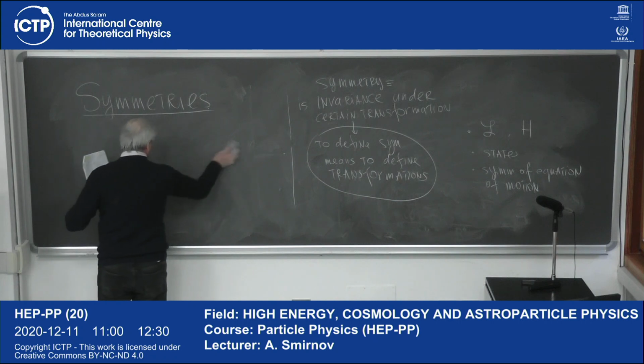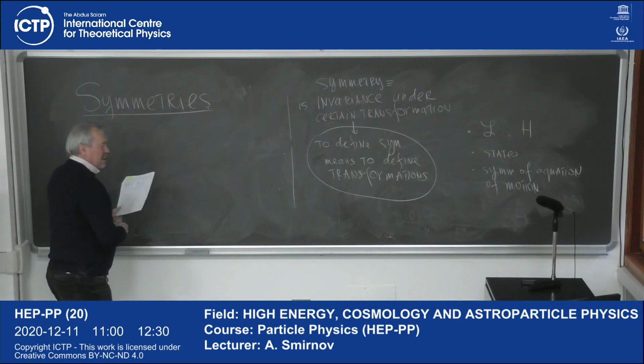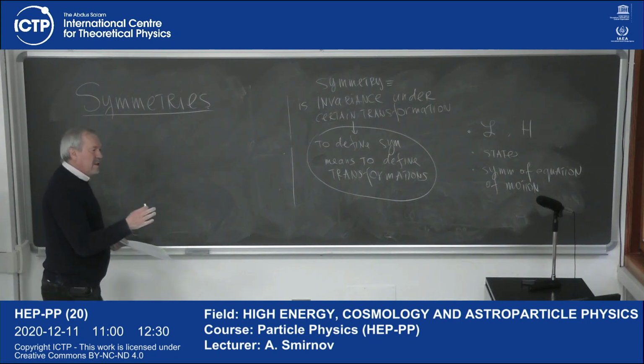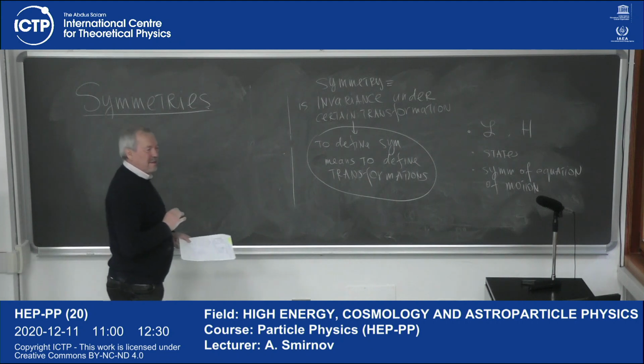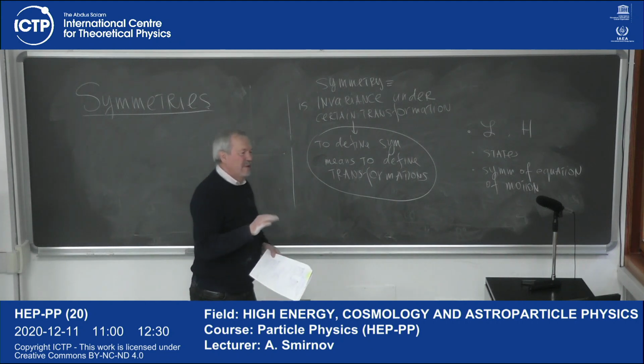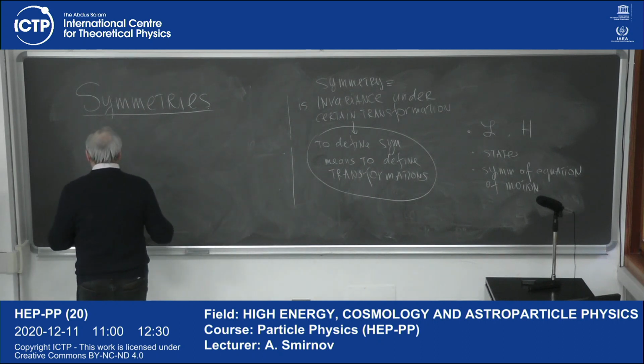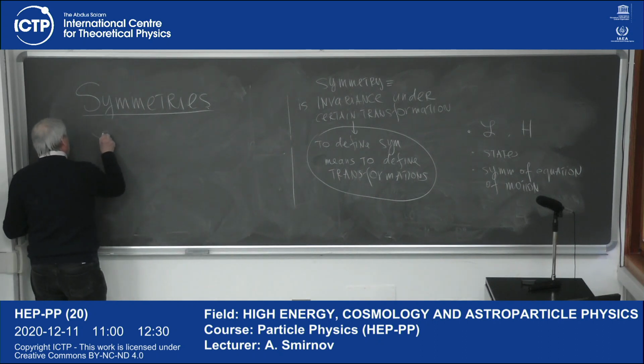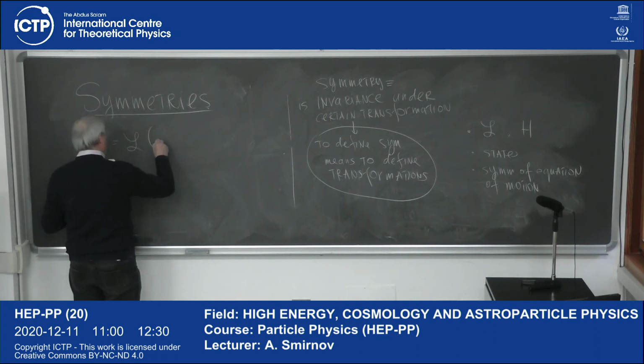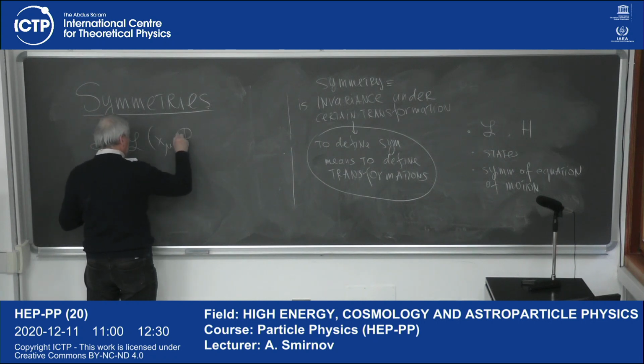In this part, it is the same, right? In the Lagrangian you have a kinetic term minus the potential. In the Hamiltonian it's plus, the same. So in general the Lagrangian is some functional of coordinates and fields.